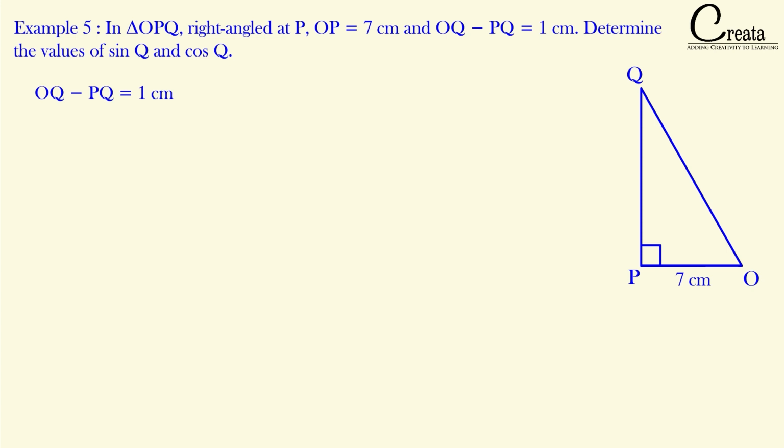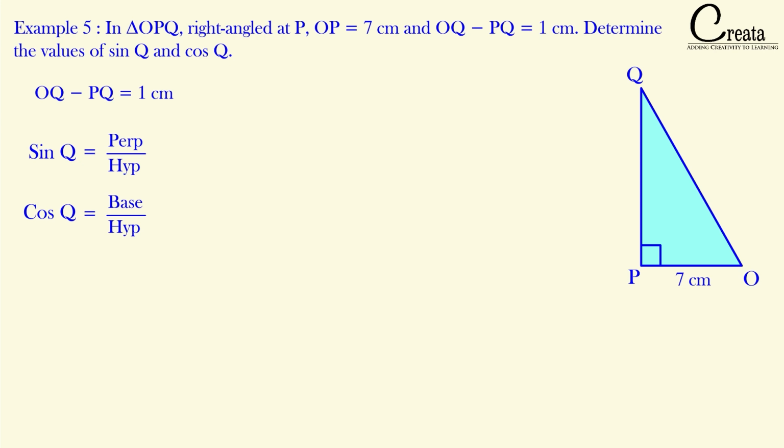So how will we find the value of sin and cos? We know sin is perpendicular over hypotenuse and cos is base over hypotenuse. It means we have to find the value of three trigonometric sides. Let's do so. Firstly, let's observe the triangle. Here this is a right angle triangle, angle P is 90 degrees, and PO is 7 centimeter.